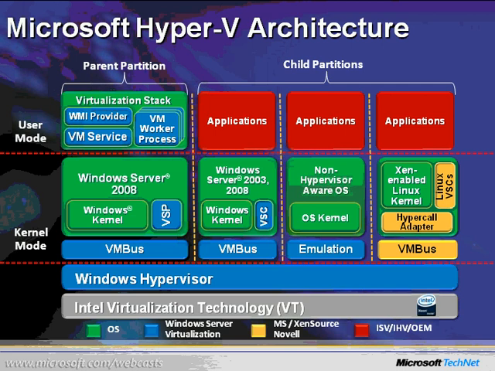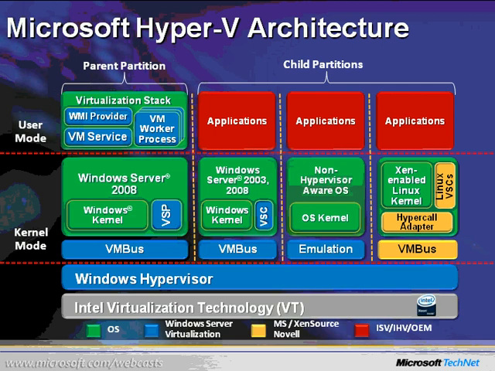The other piece in optimizing our parent partition is to ensure that we're using the smallest set of installed components on our parent partition. One way of achieving that is by leveraging a Windows Server installation choice called Server Core.